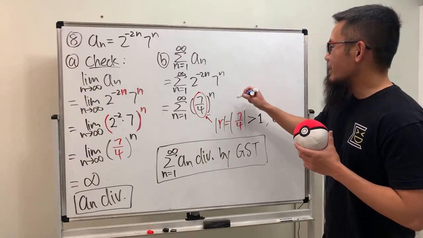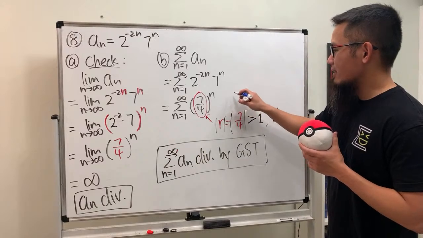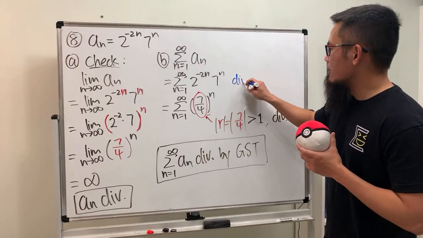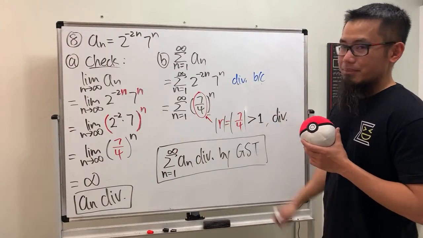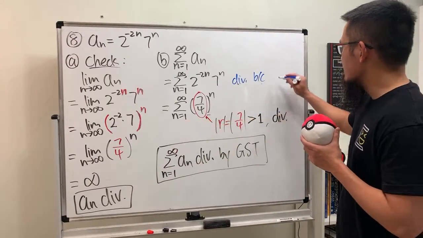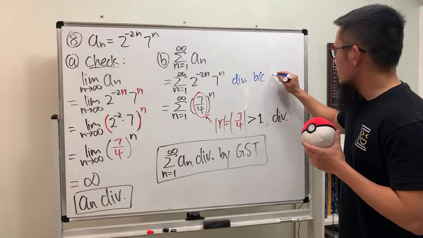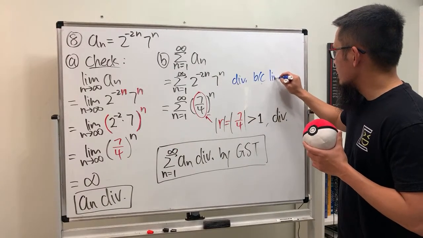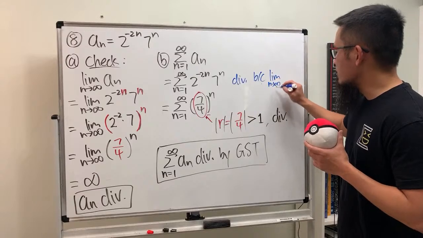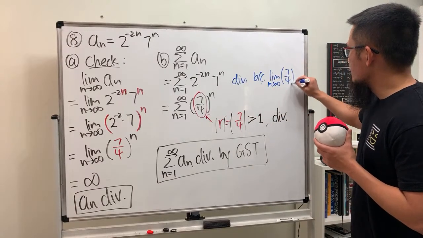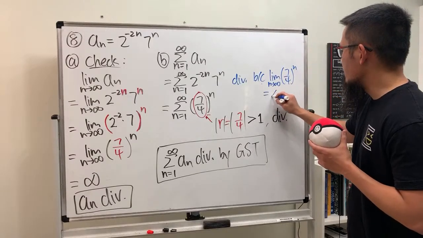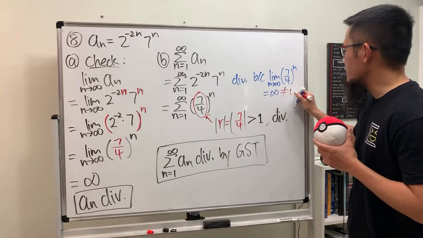Or you can also say this right here diverges because the limit as n goes to infinity of 7 over 4 to the n, this right here is equal to infinity, which is not equal to 0.